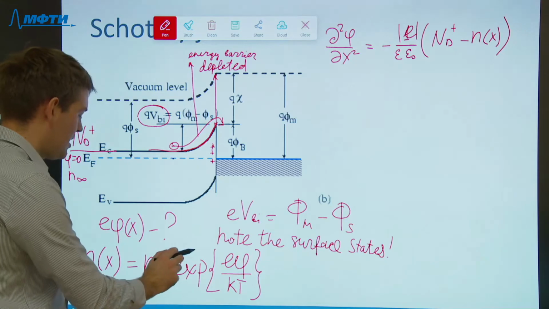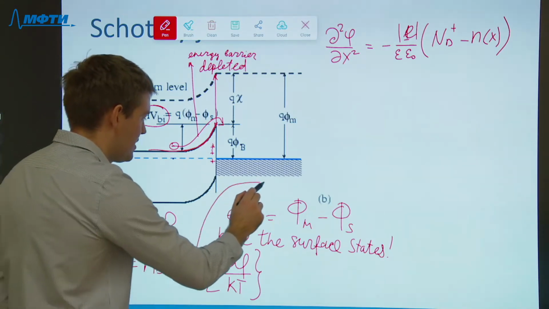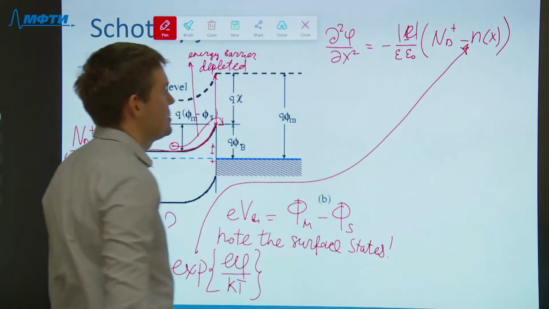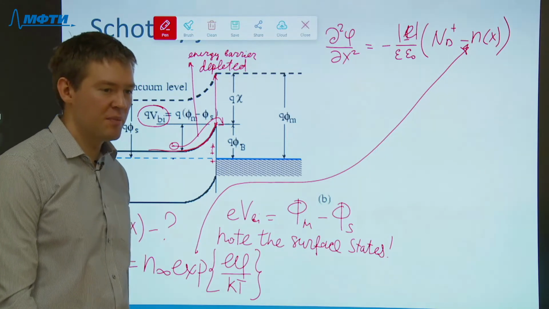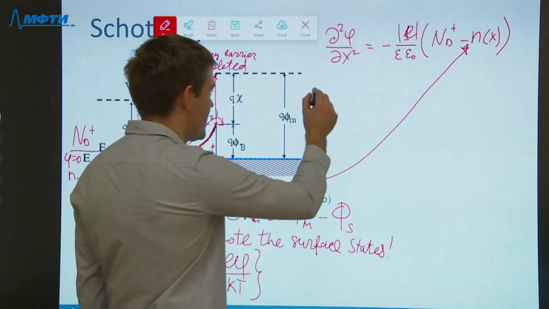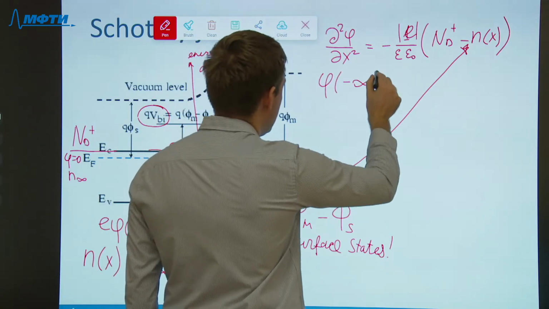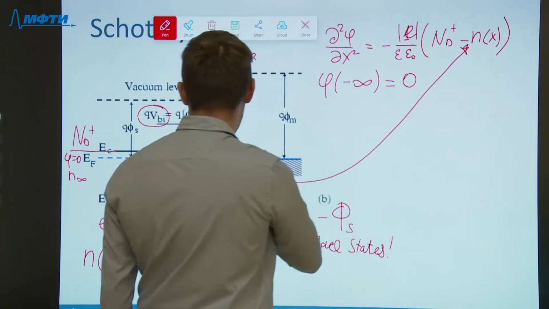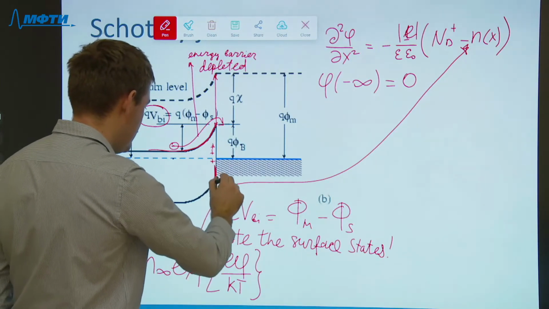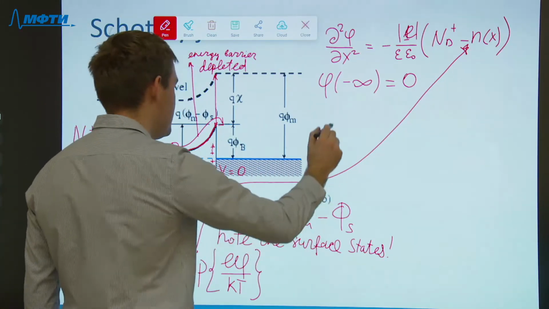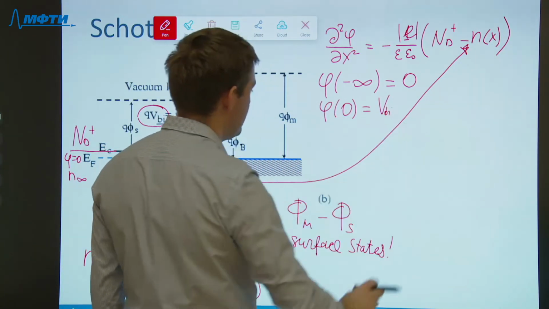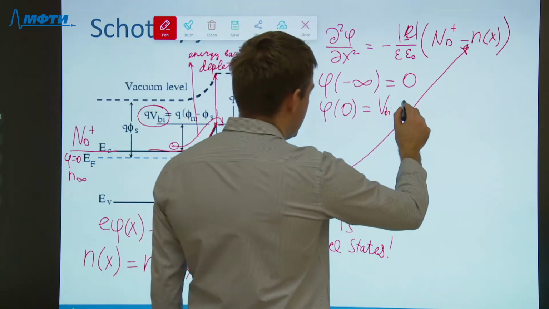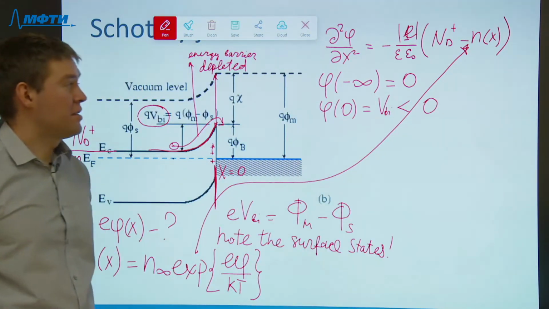Now we can, in principle, substitute this expression for the carrier density into Poisson's equation and solve the resulting nonlinear equation for electric potential with boundary conditions. Phi at minus infinity equals 0, and let this junction point be x equal to 0, then phi at x equal to 0 equals the built-in voltage, which should be negative in the situation under consideration.